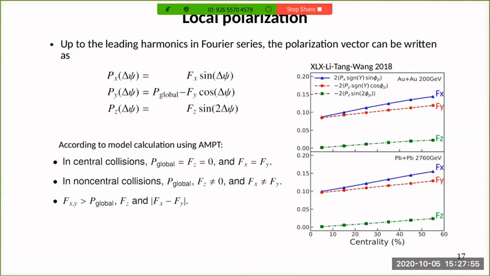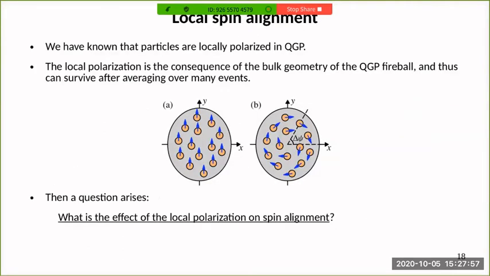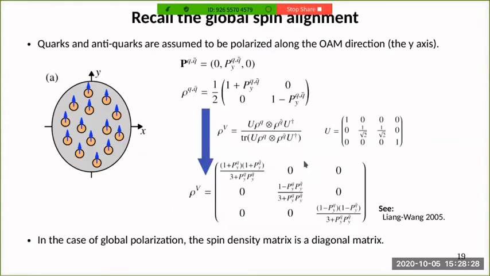So we have known that particles are locally polarized in QGP, and those local polarizations are a consequence of the bulk geometry of the QGP fireball. Therefore, after averaging over many events, the local polarization can survive. Then we should ask the question, what is the effect of such local polarization on the spin alignment? To study this question, let us first recall the global spin alignment.